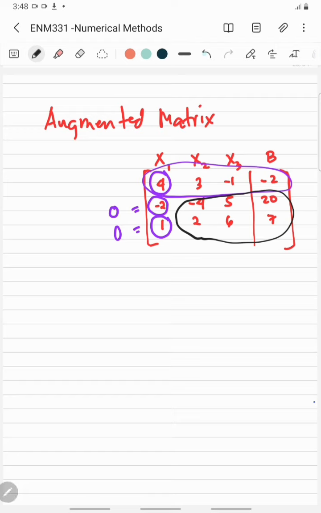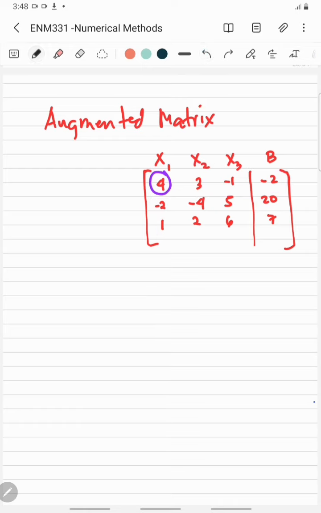I have to write here my pivot row, because it contains the pivot element, which is 4.